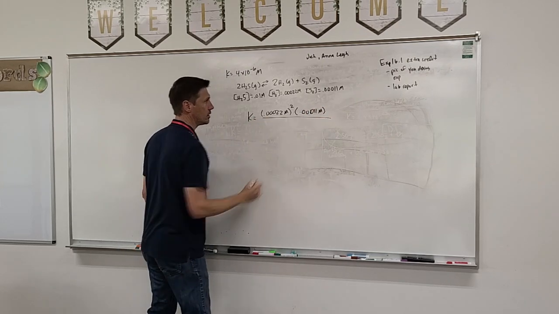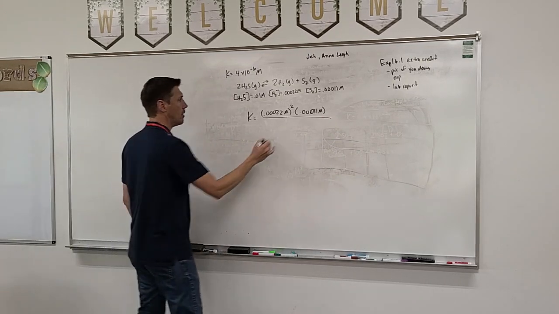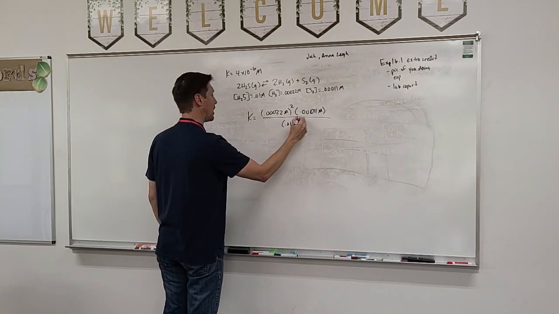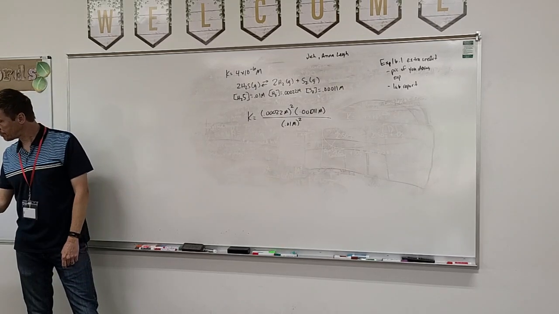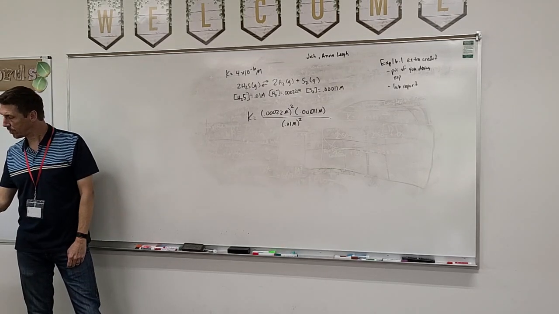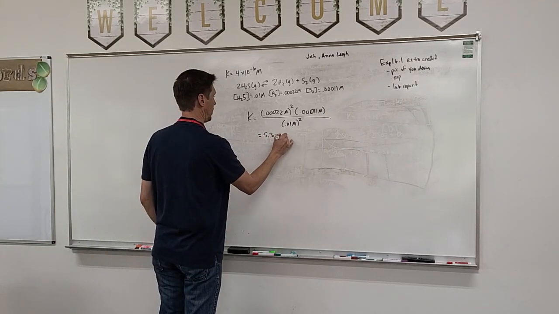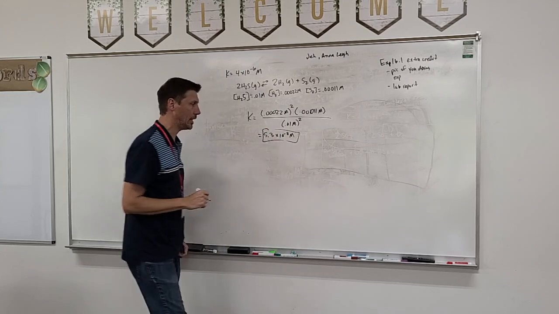There's no coefficient, there's an understood 1 in front of that, so we're just raising it to the power of 1, divided by 0.01 molar, which is also raised to the power of 2, because that's our coefficient right here. And we do the math for that, and we get a value of 5.3 times 10 to the negative 8 molar. That's what we calculate K to be.